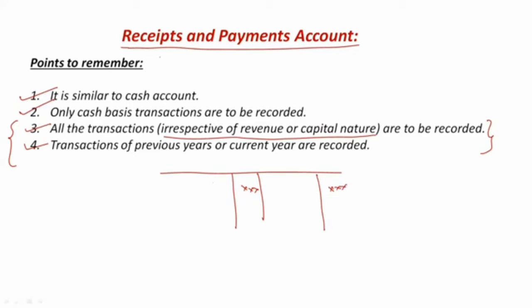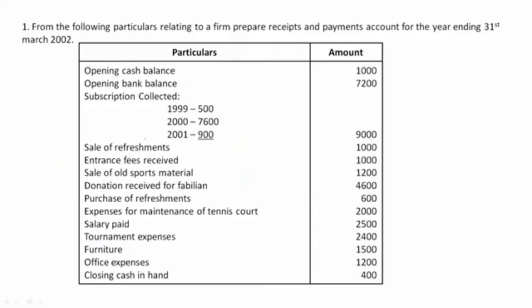For now we just have to remember these 4 points. Only cash basis transactions should be recorded, all transactions irrespective of their nature will be recorded here, and transactions of any year are recorded here. If you have understood the concept, we can solve a problem relating to it now.